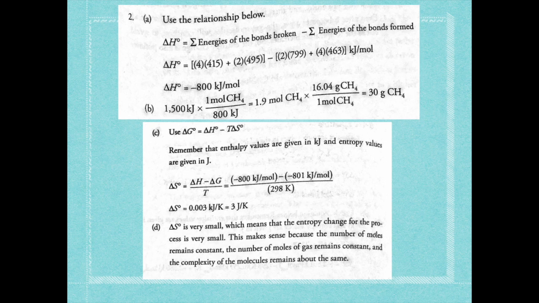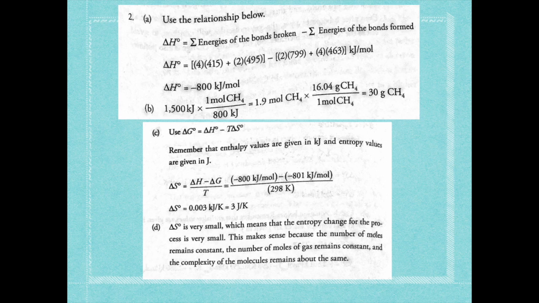Okay, so you're going to take your bond dissociation energy of C-H. Now be careful because CH4 has 4 C-H bonds, so that's why they multiply by 4. So it's 4 times 415, plus you have your oxygen.